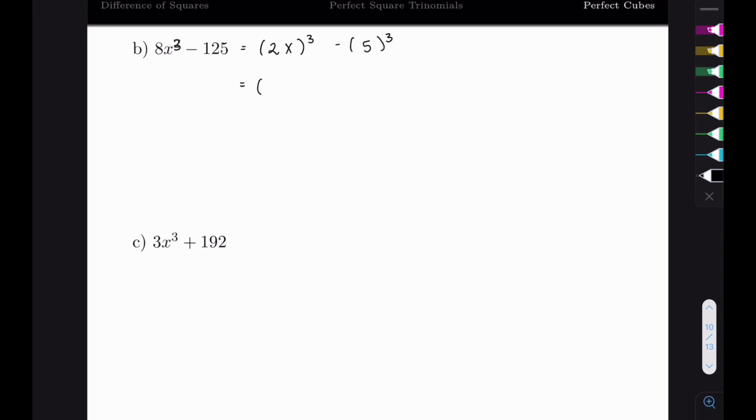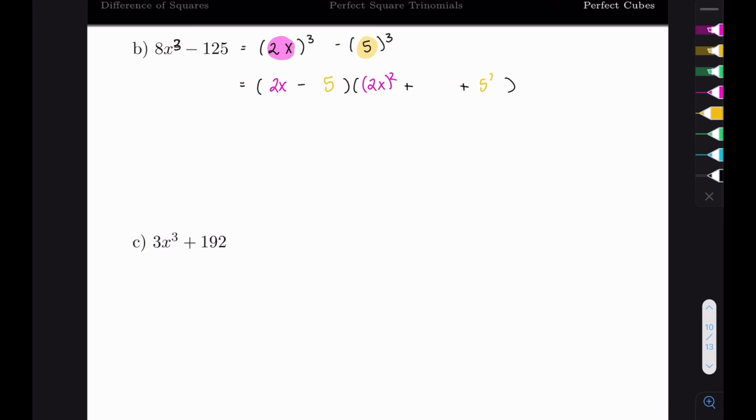So setting up our formula, we do the same sign, the opposite, and then always positive. In my first piece, I just get that 2x. In the second piece, I just get the 5. The front piece here is 2x, and we're taking that to the second.